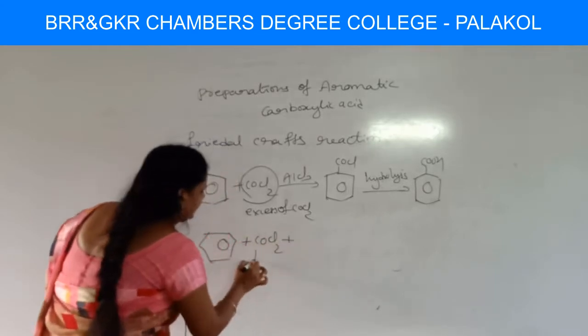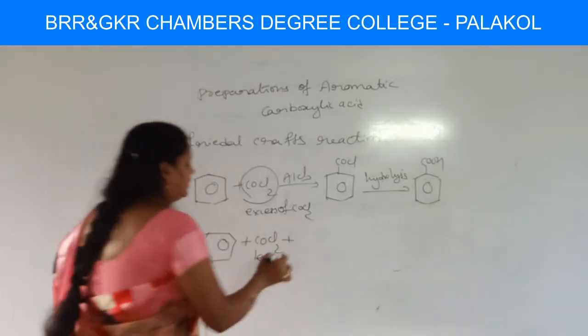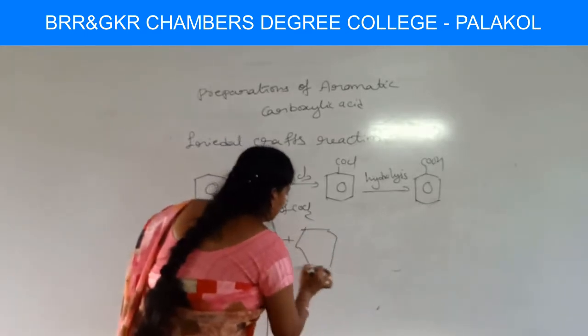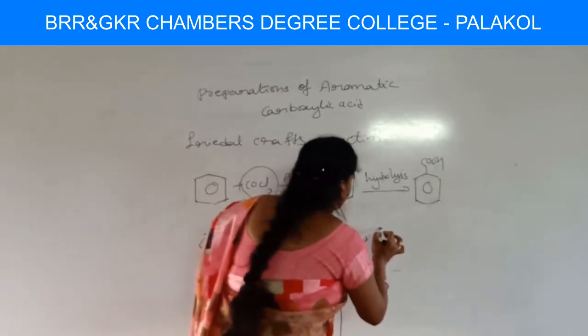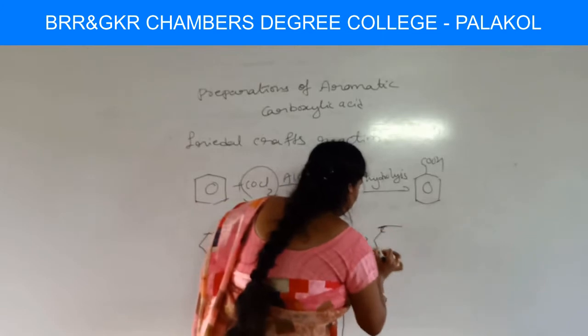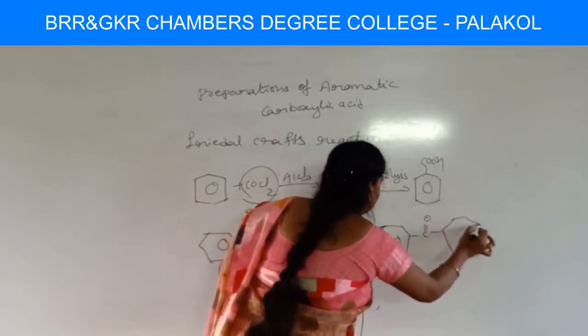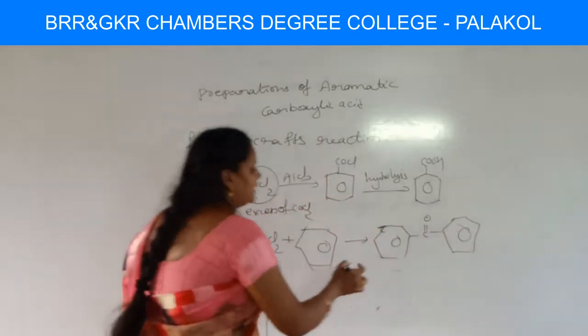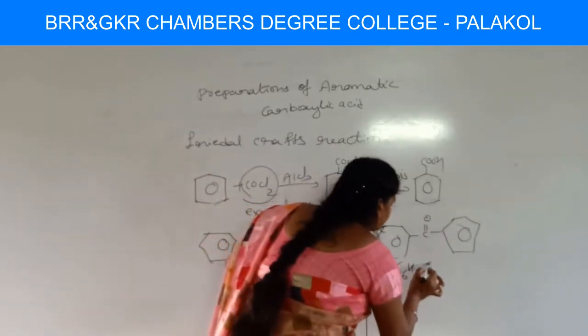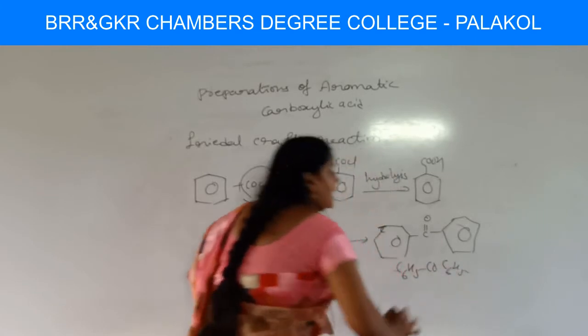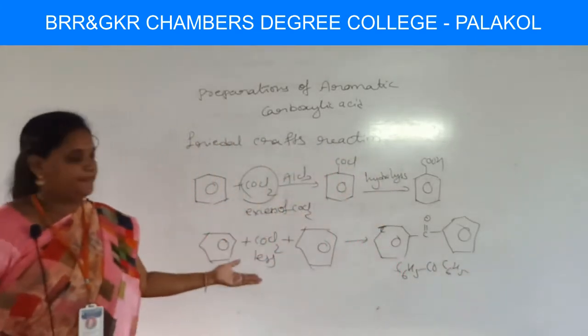So if you take less quantity of COCl2, benzophenone is formed. Benzene ring with C double bond O and a benzene ring. This molecule can be written as C6H5COC6H5. Benzophenone is formed.